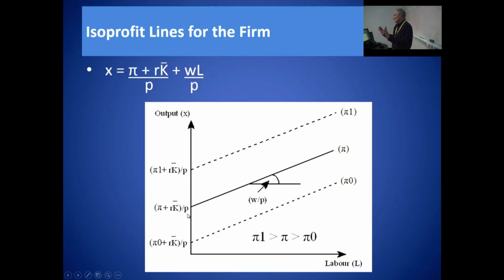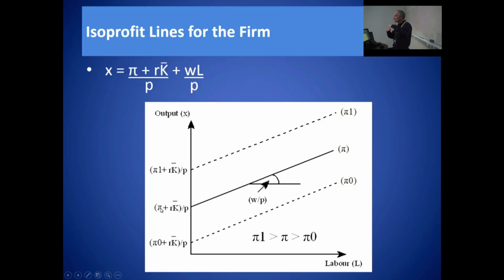So we can take those as given. So if fixed cost is fixed, if the market price of output is fixed, what's the only other way in which that vertical intercept could move? It would be if profits changed.